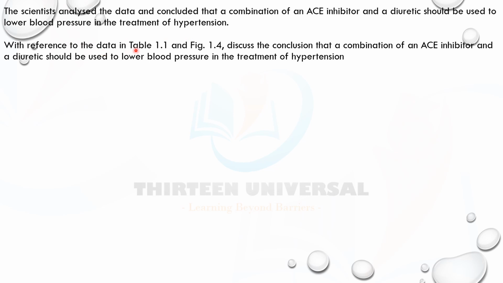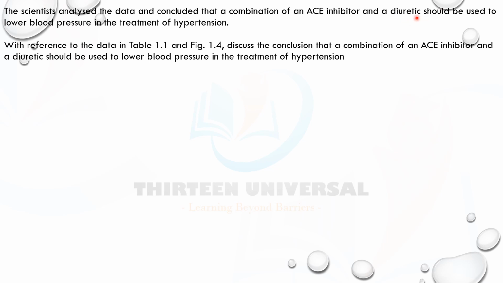With reference to the data in table 1.1 and fig 1.4, discuss the conclusion that a combination of an ACE inhibitor and a diuretic should be used to lower blood pressure in the treatment of hypertension. You can pause the video or go back to the diagram and try it. But we have already answered this question. From the figure, we can use ACE inhibitor and diuretic because they produce the largest mean reduction.